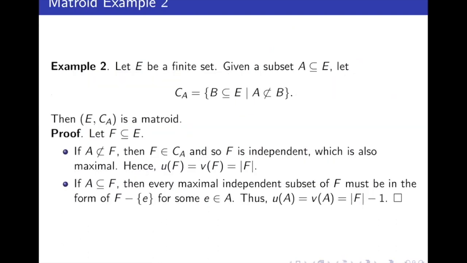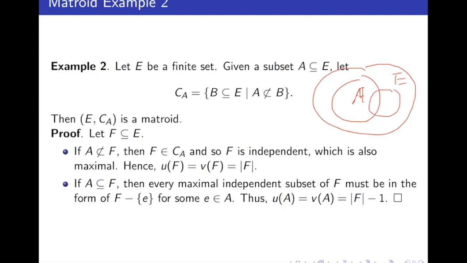Example 2. So let E be a finite set, and then given a subset A of E, we let C sub A be the set of all subsets of E such that A is not a subset of B. So we have A. Okay, A is a subset of E, and then for any B, A is not a subset of B, right?